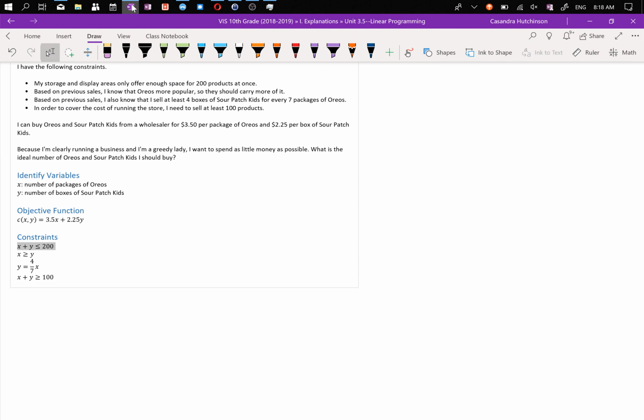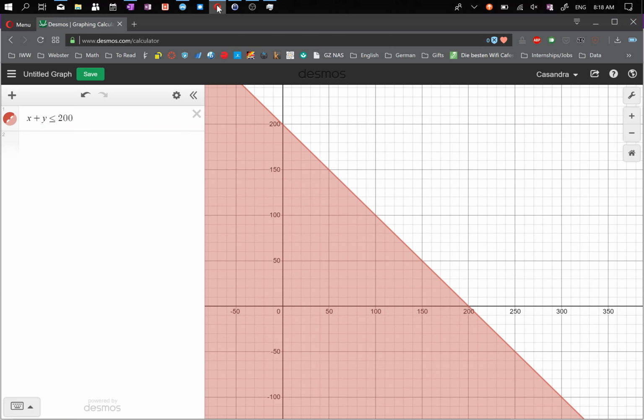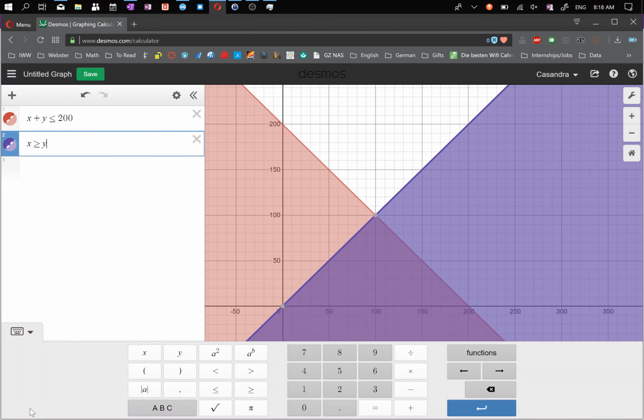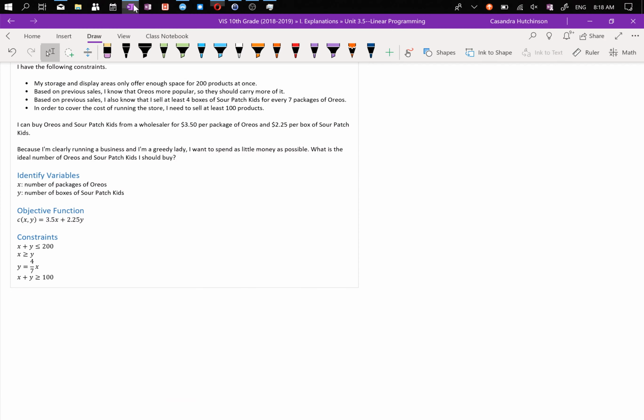Now I'm going to take my next one. x is greater than or equal to y. Again, I don't think it's going to let me copy paste, but I'm still going to try. Total fail. x is greater than or equal to y. I'm typing this, but you could also use this keypad here with these inequalities, and also the x and the y are there.